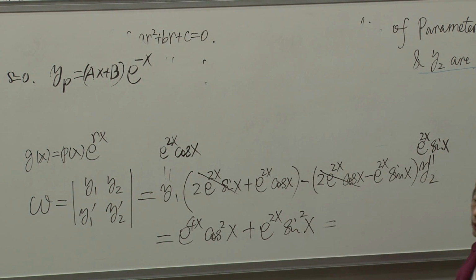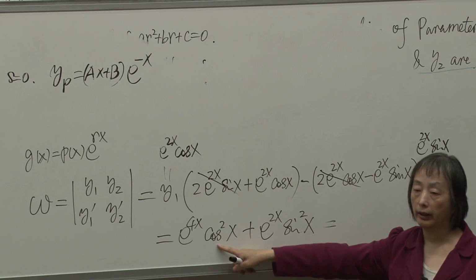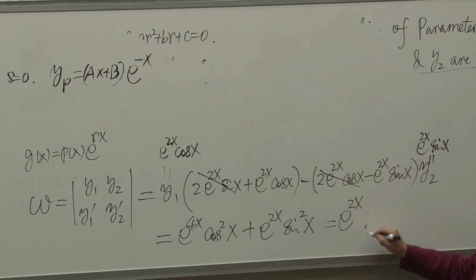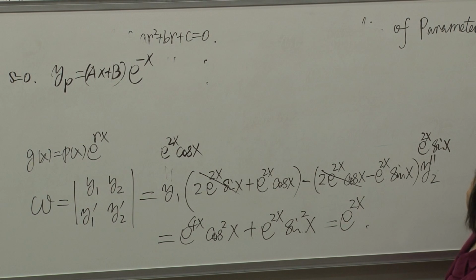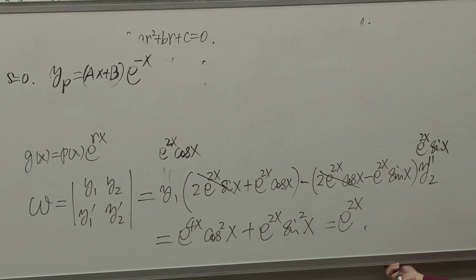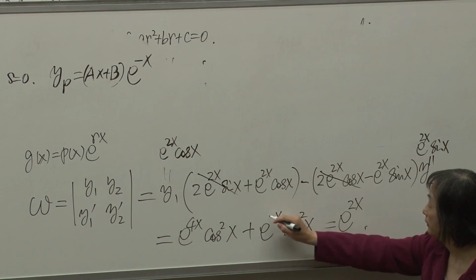Using the trigonometric identity, sine of x squared plus cosine x squared is 1. So if we combine them, we get e to 4x. This is the Wronskian. E to 4x, you're right. Oops.